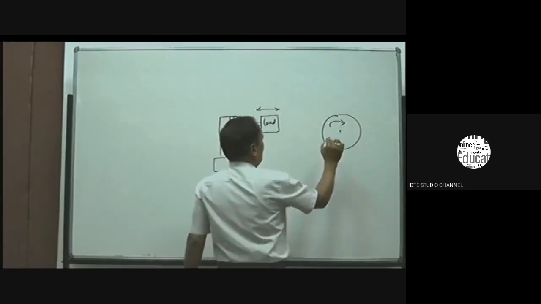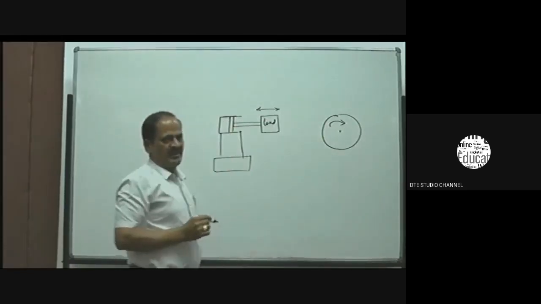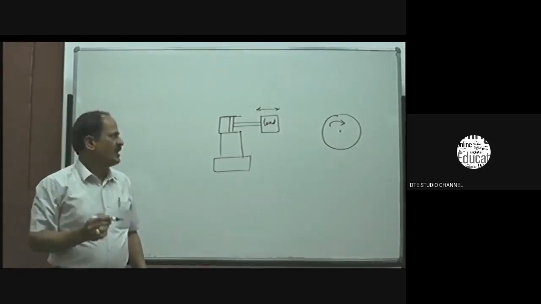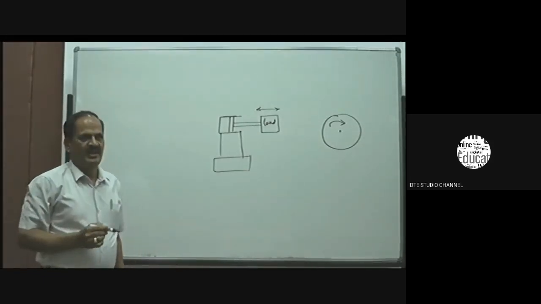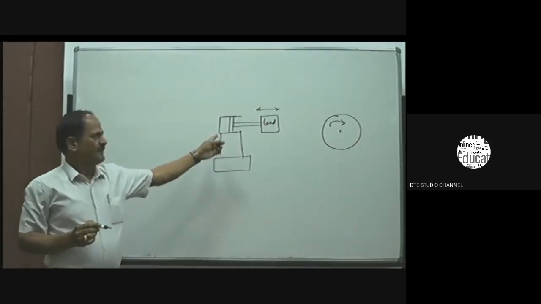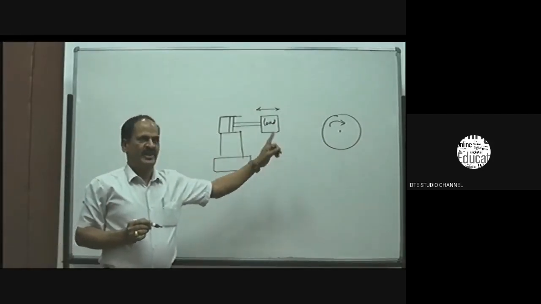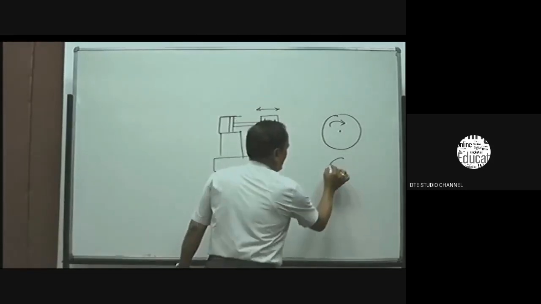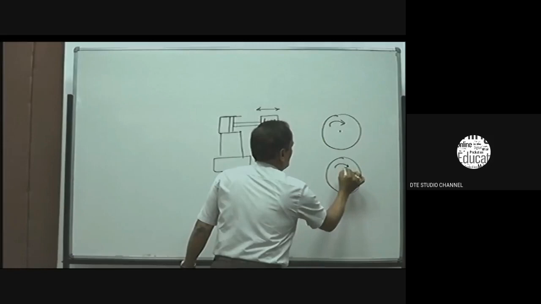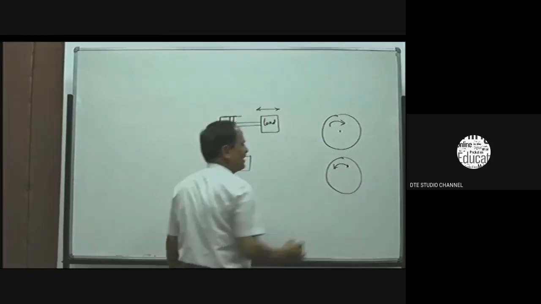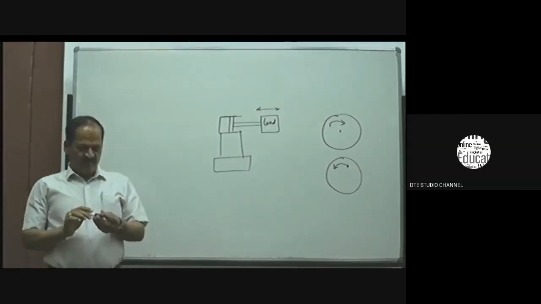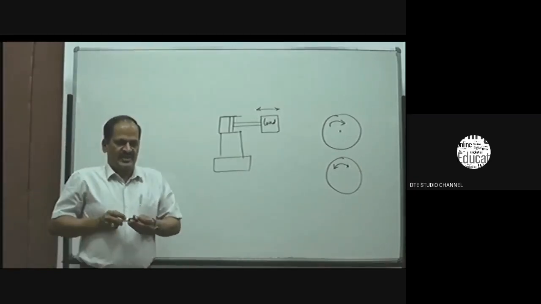Depending upon the direction of rotation of the hydraulic motor, they are classified into unidirectional and bidirectional hydraulic motors. Unidirectional motor rotates only in one direction, and bidirectional motor can be rotated in both directions. This is about some of the basic components of hydraulic system.